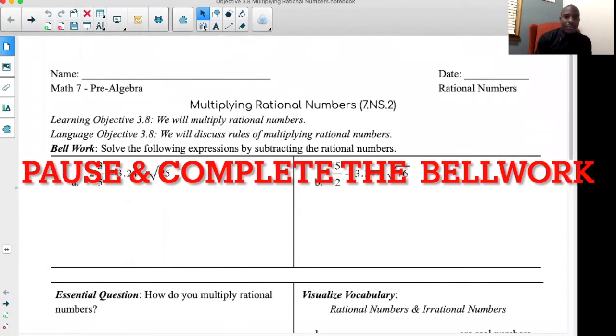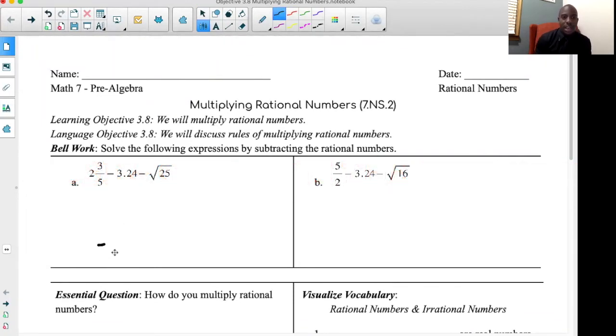Excellent. Now I'm going to quickly put the answers for both of these on. I apologize. Let me see something here. I don't think I actually solved this one correctly because I thought this was going to be a negative here, but it's not. Let me just quickly fly through this.